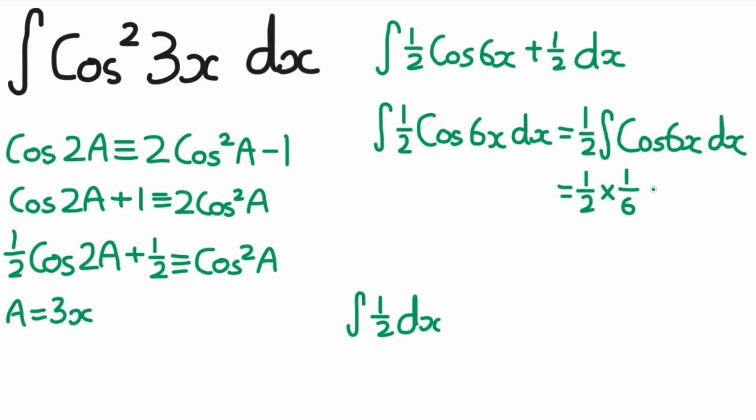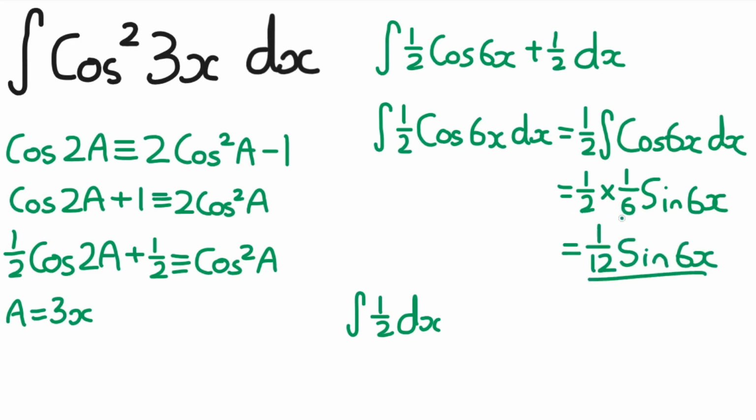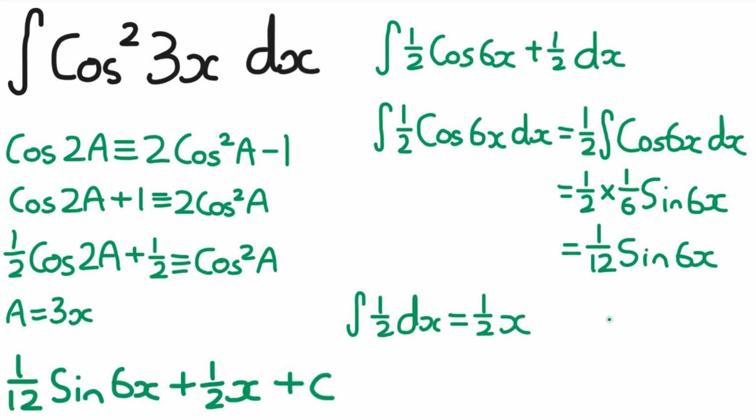If you integrate cos, it becomes sin, and then it's still going to be the 6x like this here. Again, go back to the previous video if you need a reminder of how this works, and then half times 1 over 6 is 1 over 12 sin of 6x like this here, and then the half here, if you integrate this, is just equal to half x. So if you add these terms together, it's going to be 1 over 12 sin of 6x plus half of x, and then remember the constant of integration as well.